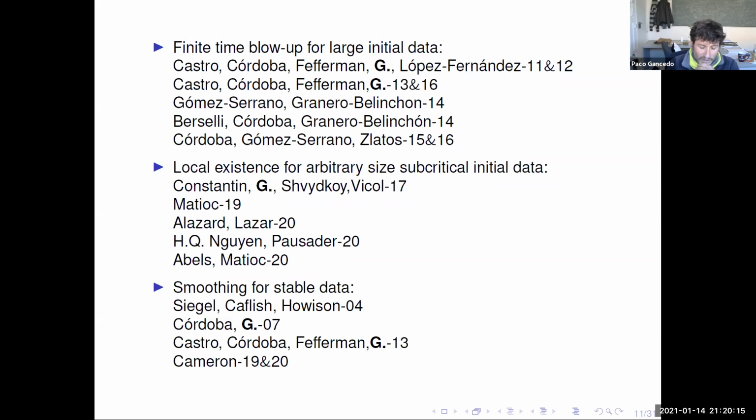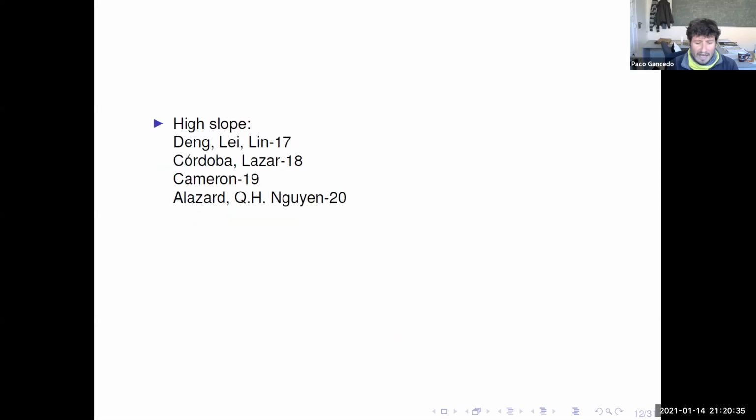It is also possible to have smoothing in several situations. For example, even for high slope, you can have smoothing with this parabolic behavior, with the square root of the Laplacian in the stable case. And there are recent results with very high slope.